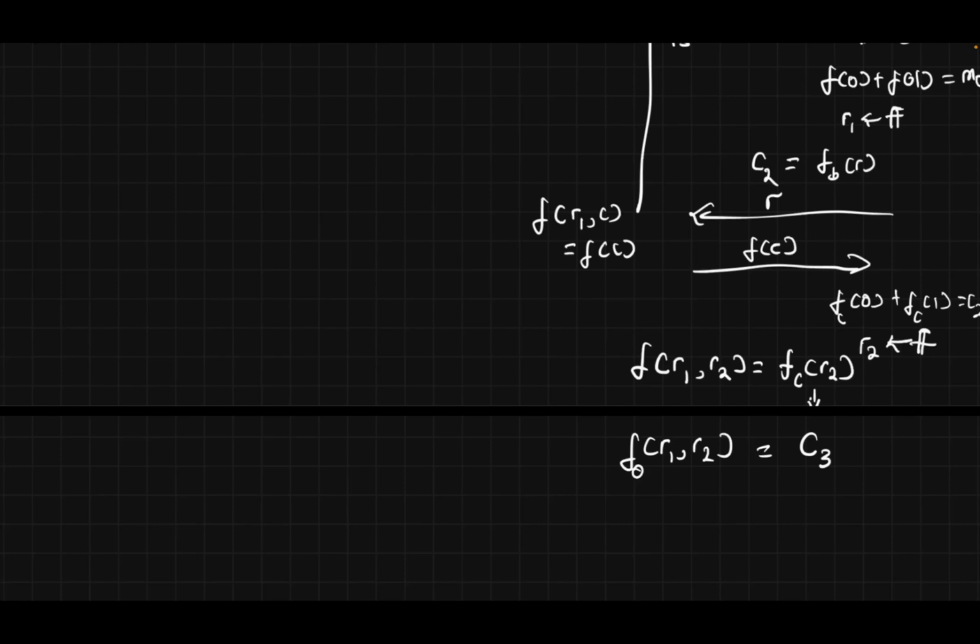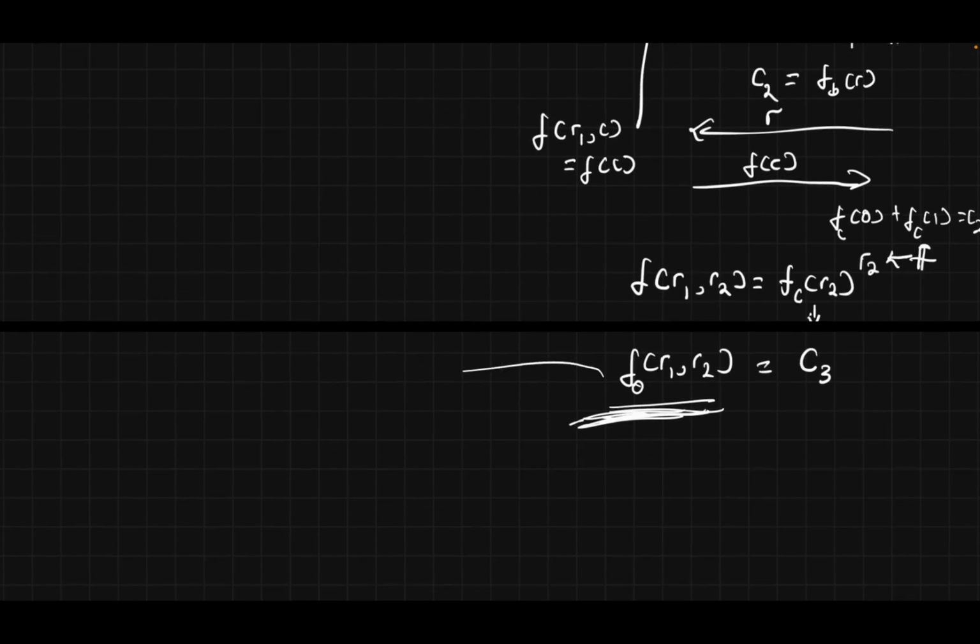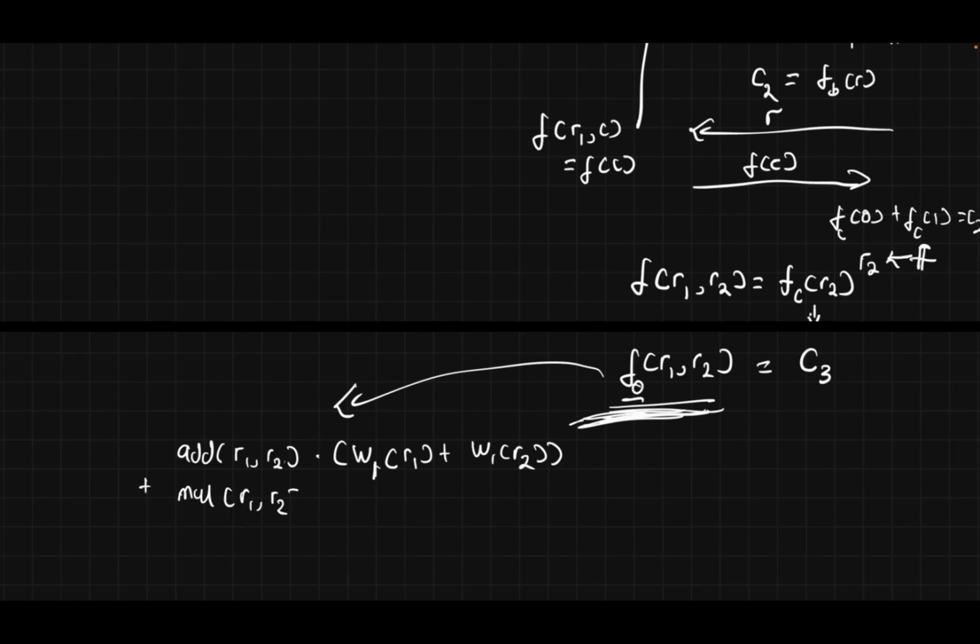Now the problem with this is that the verifier does not know how to compute this. Because this is technically made up of the add, where R has already been evaluated, it's supposed to be like B, C, but we already replaced B, C with R1, R2, then it's times W. So that will be W1 of R1 plus W1 of R2, and plus the mul of R1, R2 times W1 of R1 times W1 of R2.